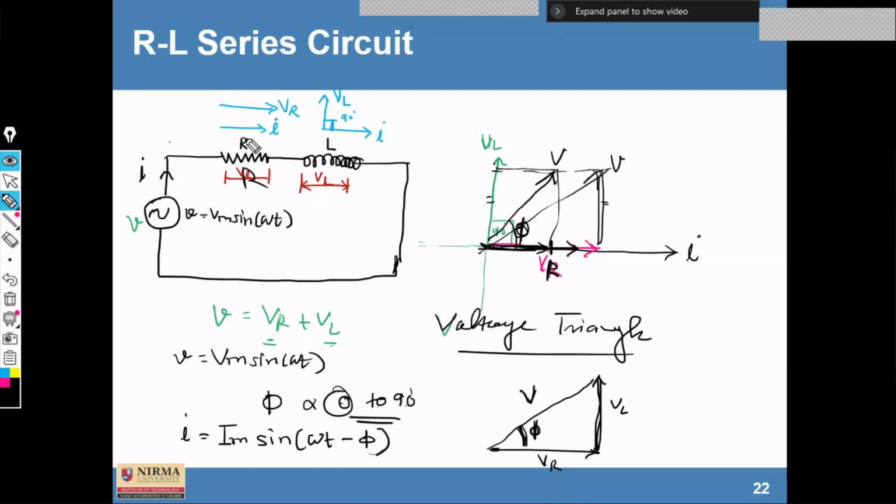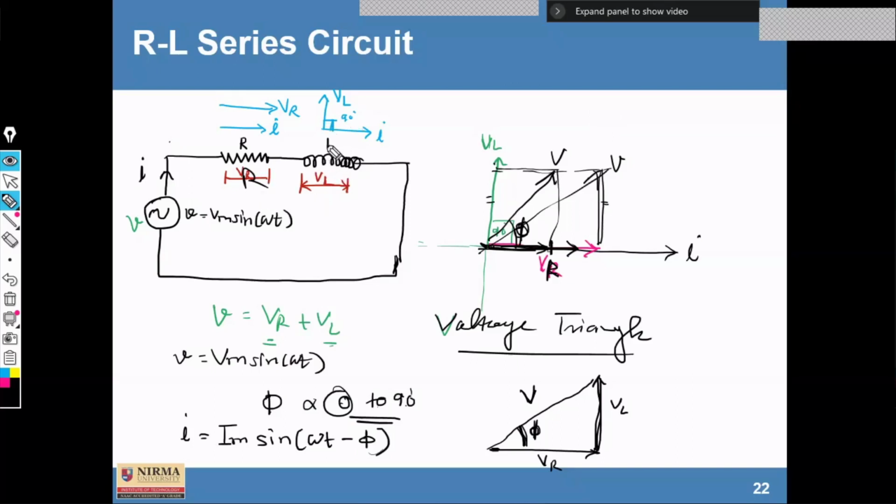If it is a purely resistive circuit, then there is no angle, as already discussed. And if there is a purely inductive circuit, the angle is 90 degree. But whenever there is a combination of both the elements, either in series or parallel, there would be a phase difference, and there would be a range of that angle phi, and that phase angle phi depends on the value of L and R, or the voltage drop across VL and VR.